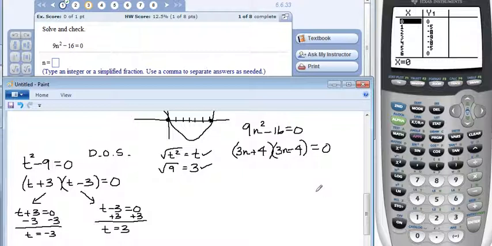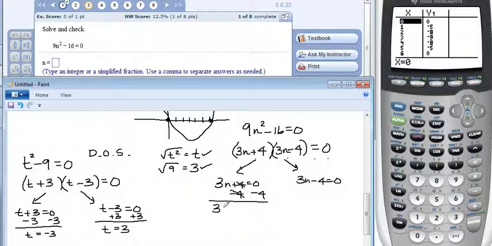Okay? So now I've got this times this equal to 0. Perfect. So either 3n plus 4 is 0, or 3n minus 4 is 0. Again, I've turned my quadratic into 2 very easy linear equations, and I solve. So here I would subtract my 4 across.